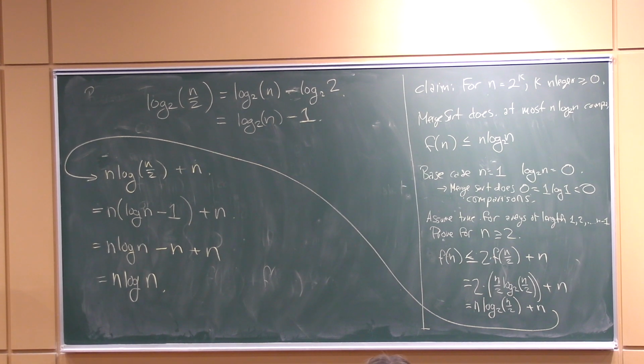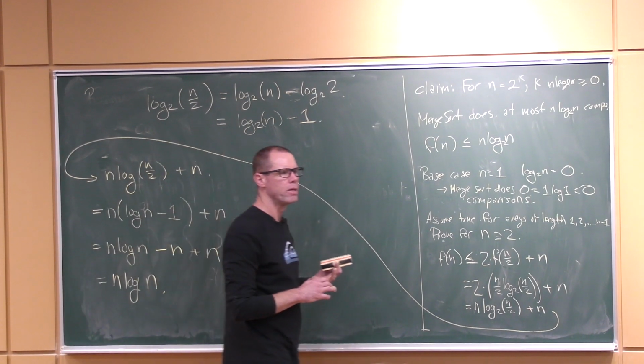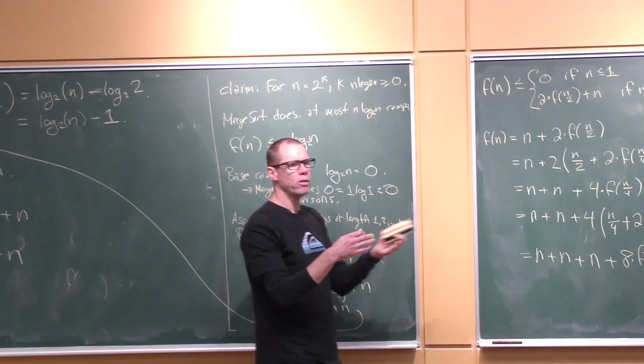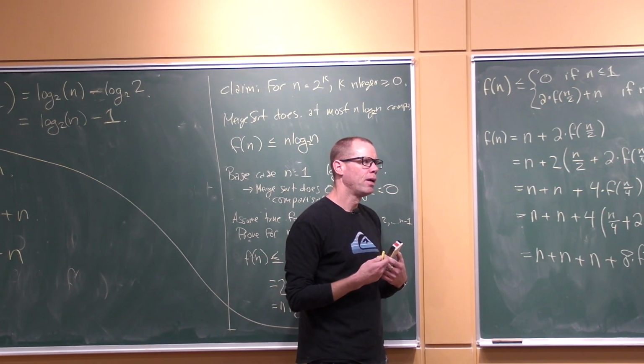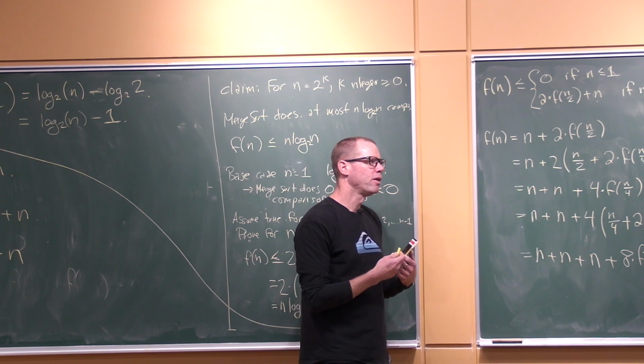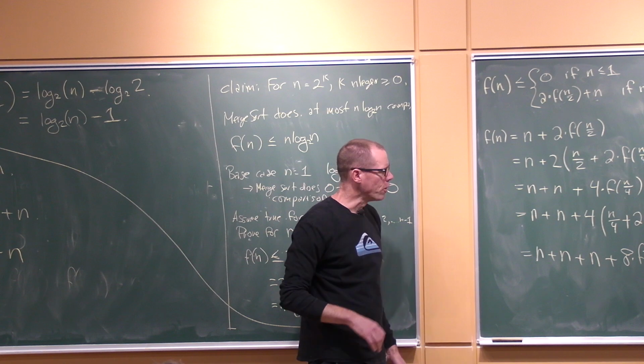And so a couple of things about that. One is, what's our obsession with comparisons to begin with? Well, if you look at all of the other stuff that MergeSort does, it splits a list into two lists, and then it recursively sorts each of those.